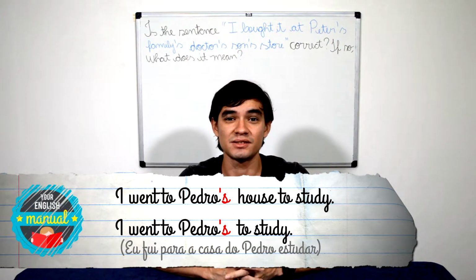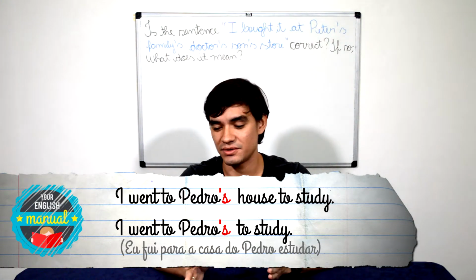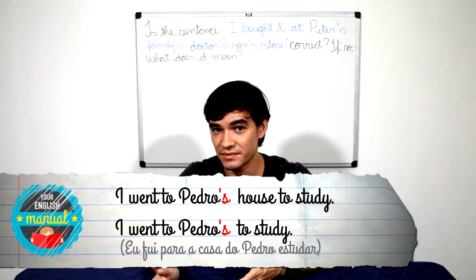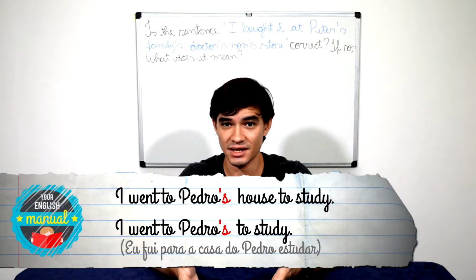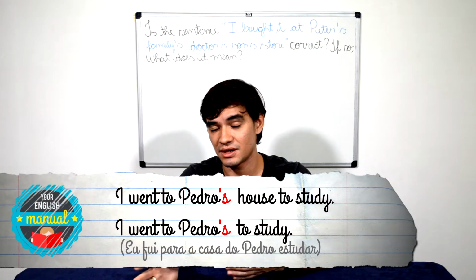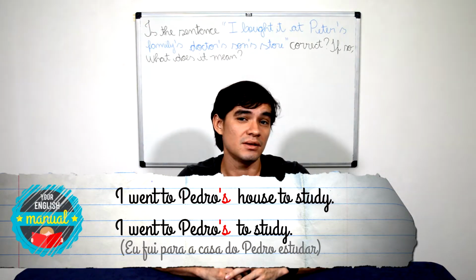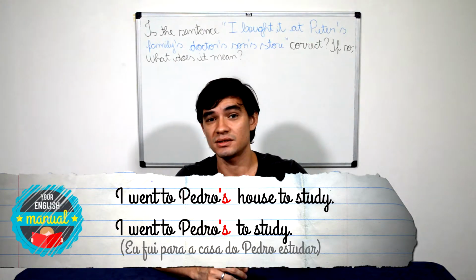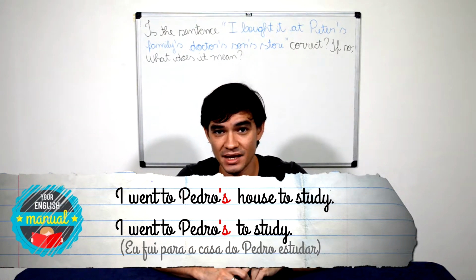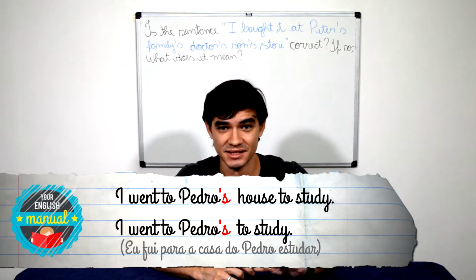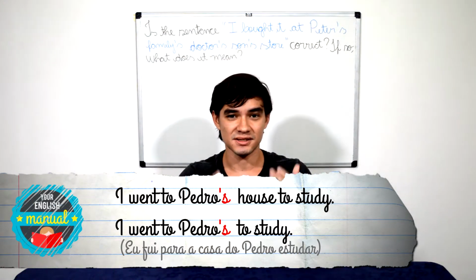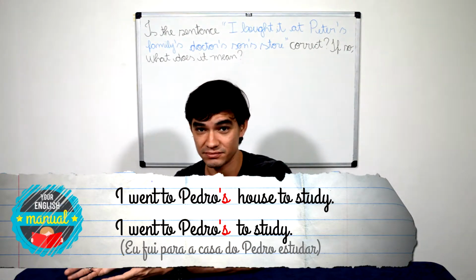This is because when I say I went to Pedro's to study, we can easily understand that it was Pedro's house. You can understand this because of the apostrophe s. The apostrophe s is there to indicate that it's something that belongs to Pedro.